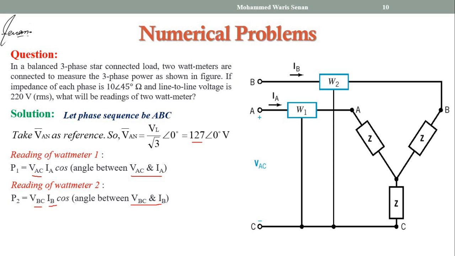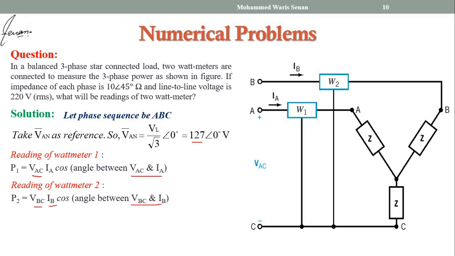The line voltage magnitude is given, 220 volt, so VAC is 220 volt and VBC is also 220 volt. Now we need to calculate the line currents IA and IB, and the angle between VAC and IA, and between VBC and IB. So there are four unknown quantities we need to calculate.